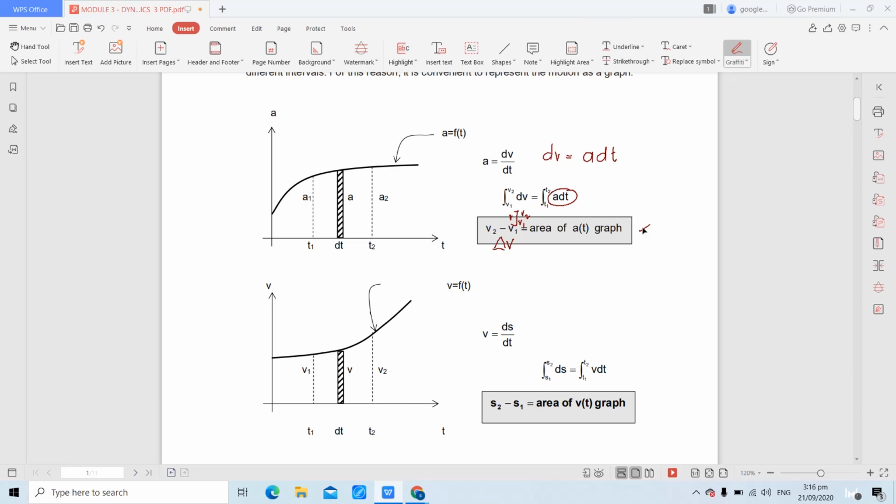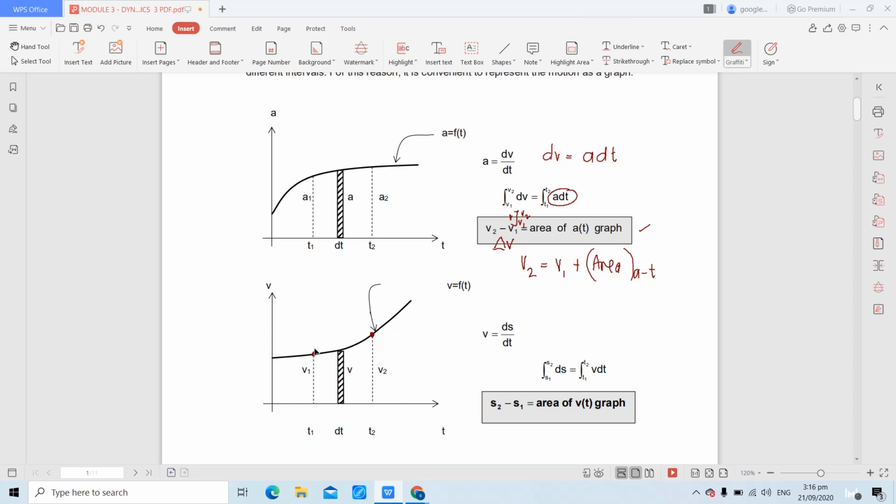Ito na yung magiging form ng equation natin. That will be our first formula. Wherein, final velocity, nakaproject yan kay final time. Ito na si v2. Yung v1, nakaproject doon kay initial time. Ito na si v1. Kapag gusto nating makuha yung v2, ililipat lang natin sa kabila. That is v1 plus the area of acceleration versus time graph.